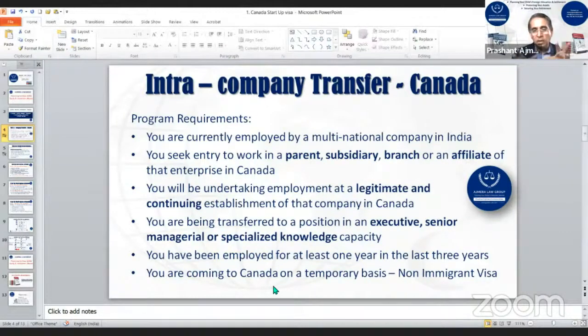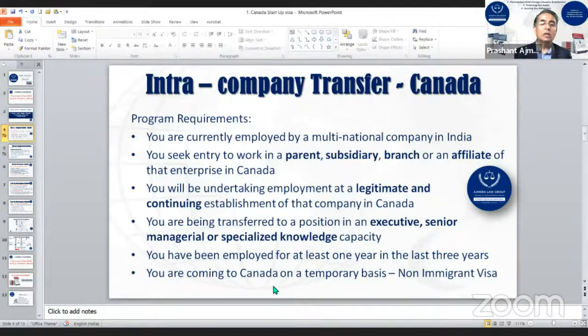This visa is for two types of people. First, Indian companies interested in opening an office, branch office, subsidiary or parent company in Canada; if they want to transfer people from India to Canada, they can use this visa category.